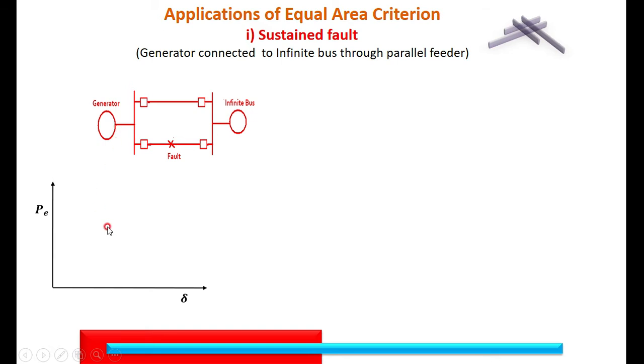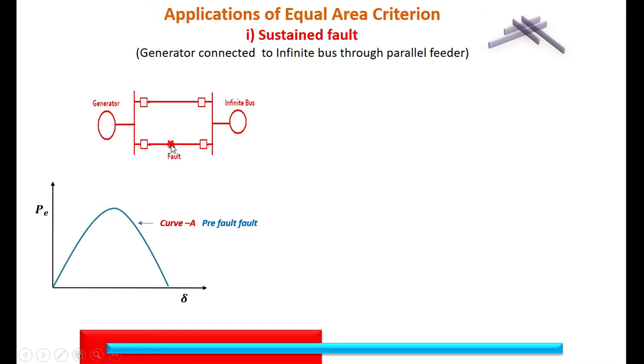This is the power angle curve A, before the fault occurs. The power output of the generator P is given by EV by X into sin delta. Therefore, this is the curve I am getting for the output of the generator connected to the infinite bus.